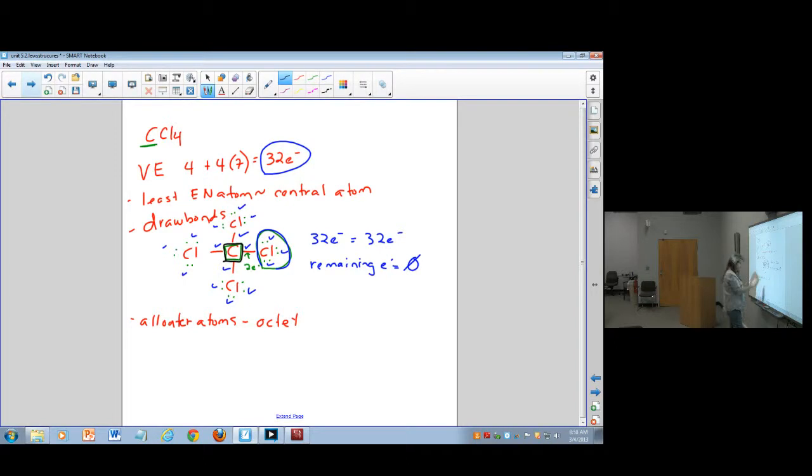So I'm going to count around the bonds in a different color. Each bond is 2 electrons, so this one has 2, 4, 6, 8, and so carbon has an octet. I'm real happy. This is a great structure, just like it is.